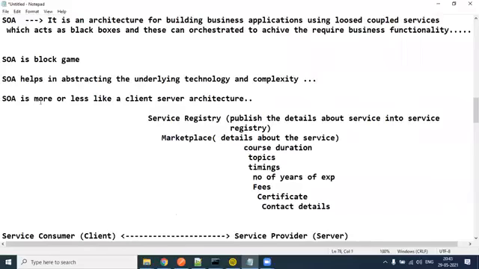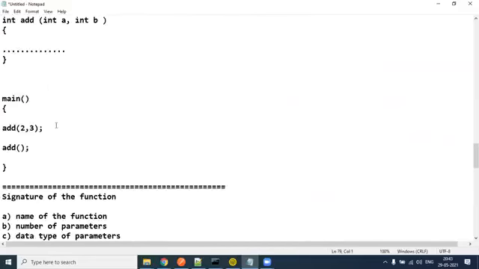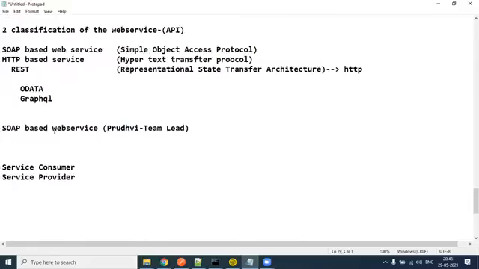Now some people can come and debate with me that I am using service oriented architecture and playing the role of service provider, but I need to bother about the technology and the complexity. But whatever statement I have given is more from whose perspective? From the service consumer perspective. Once the services are developed, or you are using somebody's services, you don't need to bother about the complexity.